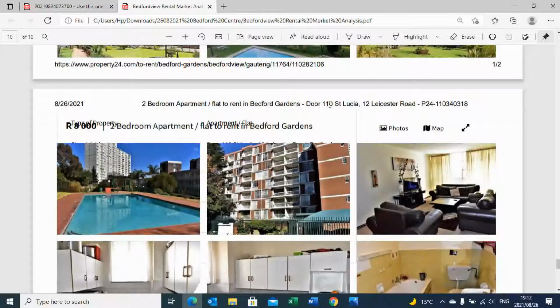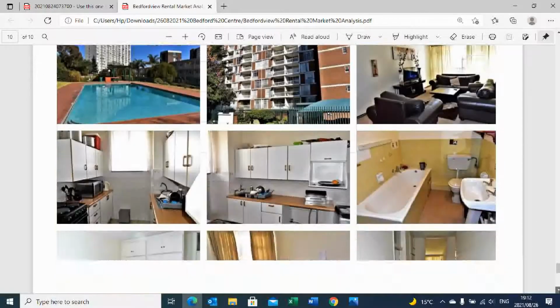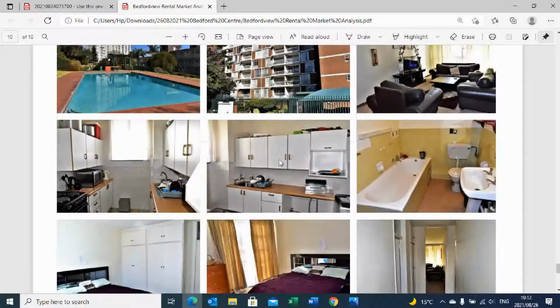Same complex, or the complex next door. 8,000, 2 bedroom. And you know how these things go. If the person is going to negotiate with the owner, chances are the owner will end up taking 7,008, 7,005, and also depending on the market that we are facing right now.